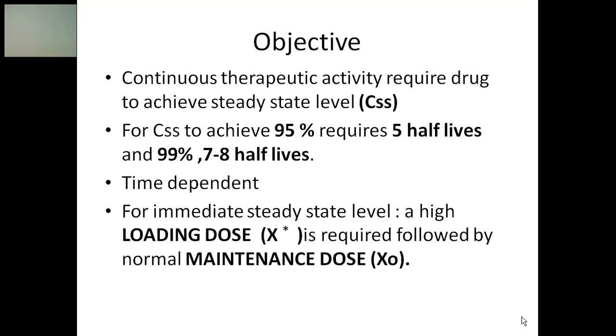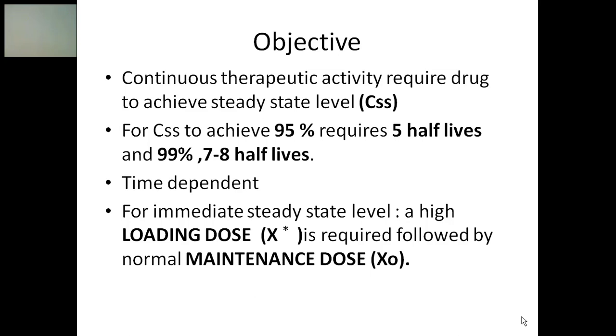Thus, in order to get an instant steady state blood level of the drug, an immediate steady state level, we need to have a high loading dose followed by a normal maintenance dose. Loading doses are generally higher than the conventional dose which is given at a regular time interval.